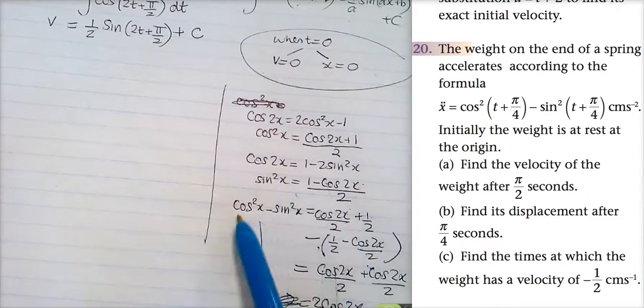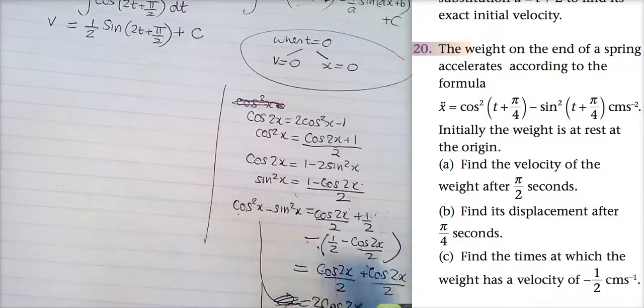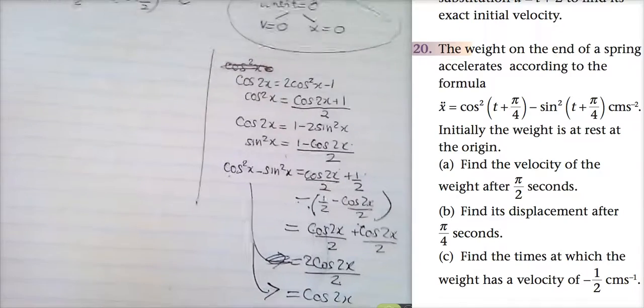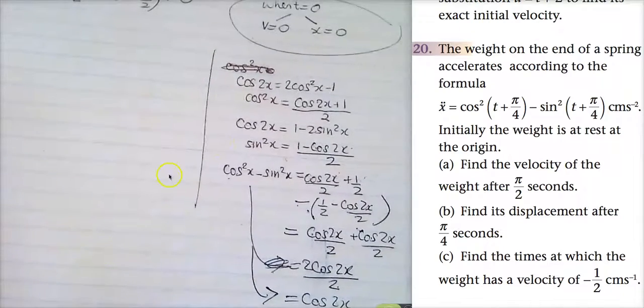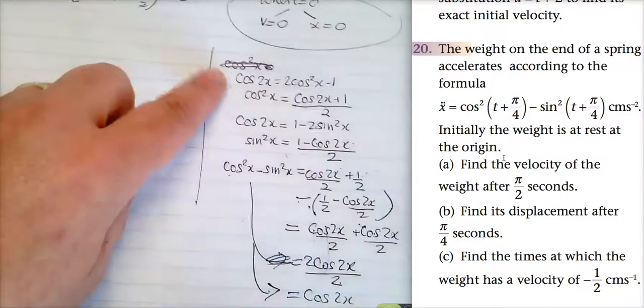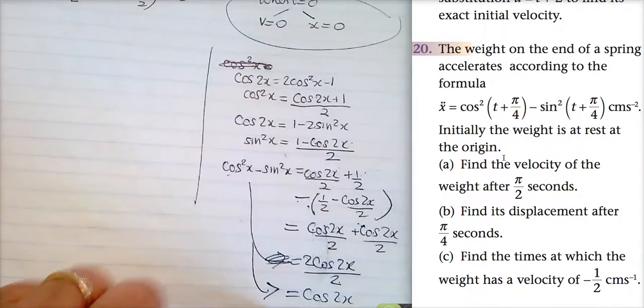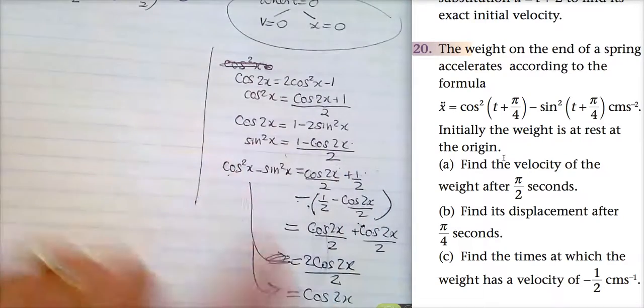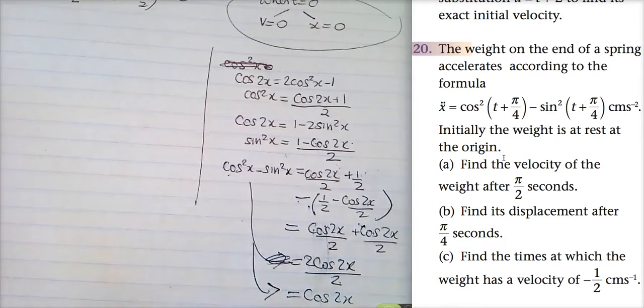Because it's cos squared x is all of that minus whatever sine squared x is. What you've got to do with the initial question is simplify it. I'm just showing why you use the double angle formula as opposed to doing this; combining them gives you the double angle result anyway.